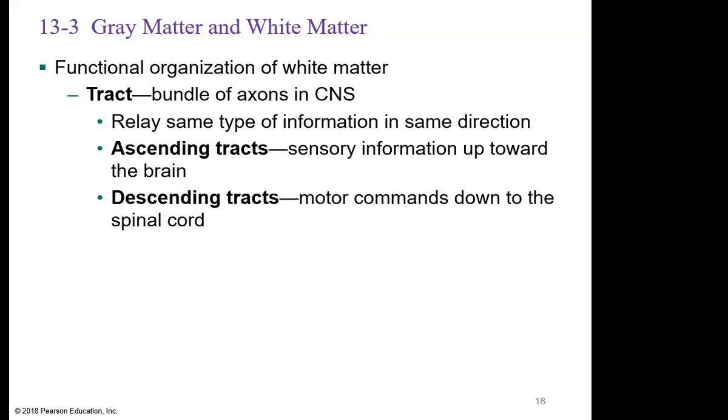We're going to get into that later on, but that would be through your ascending tract. The descending tract, of course, is going to be the motor commands. Now that the brain knows what's happening, we've got to send the motor commands down towards the spinal cord, away from the brain. So if we say ascending or descending, you know that we're either talking about sensory information going up or motor information coming down.